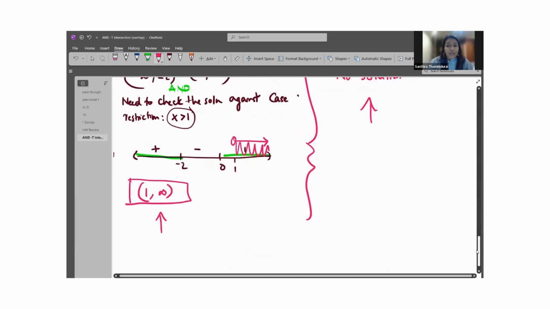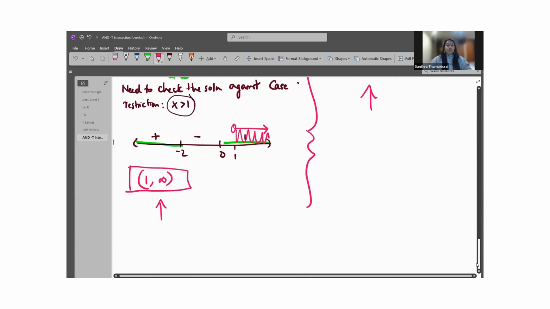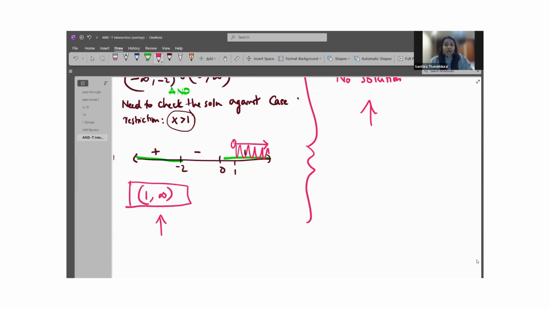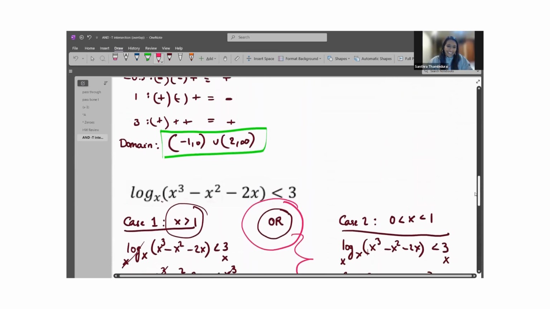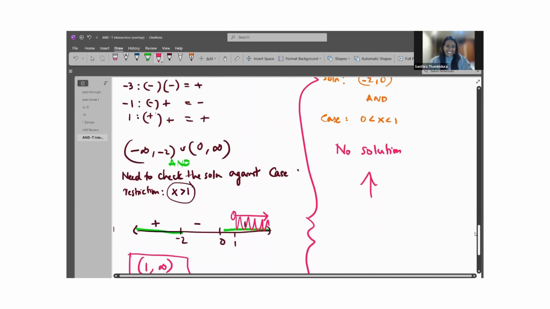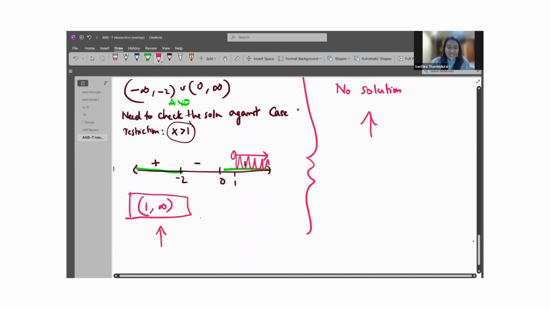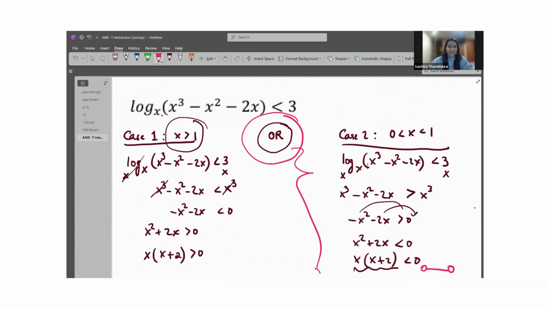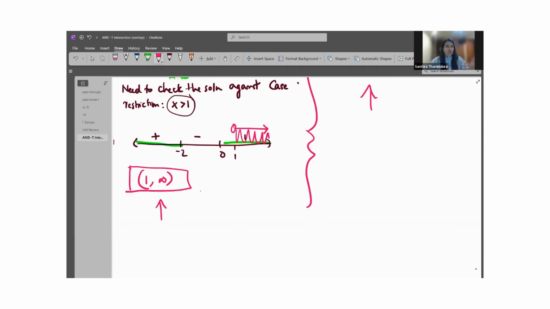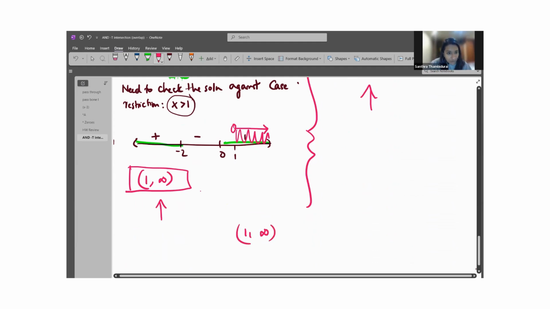I need both answers to be in the solution. Case 2 gave me a no solution. Case 1 gave me 1 comma infinity. So my answer for the cases is 1 comma infinity.